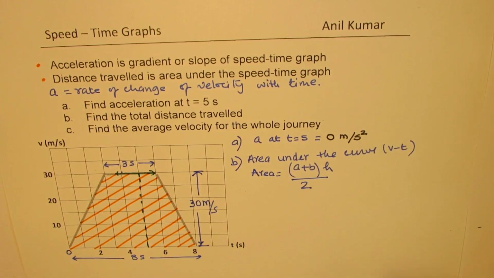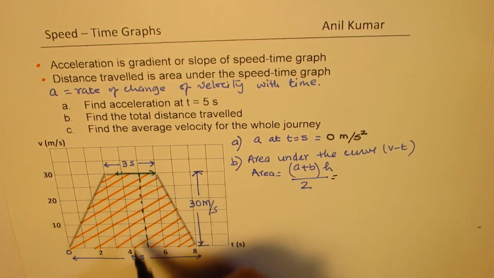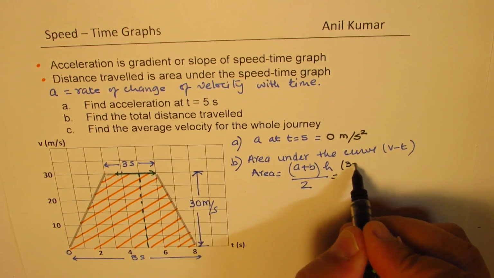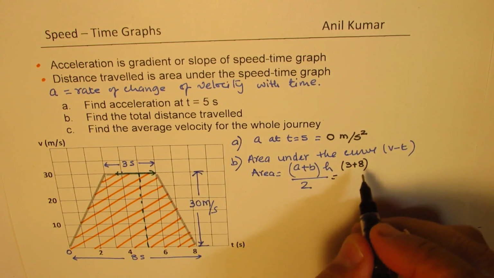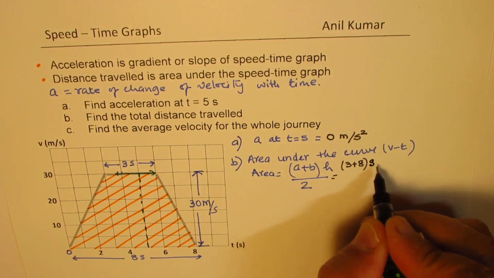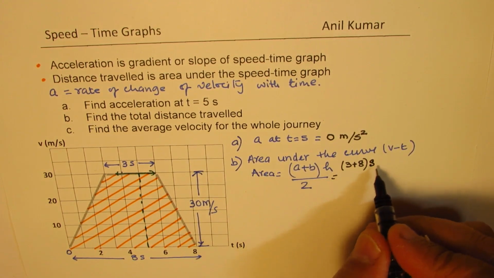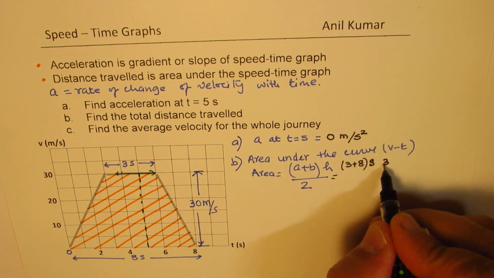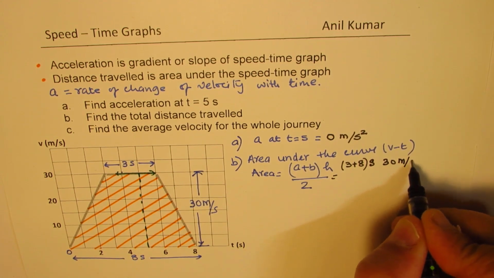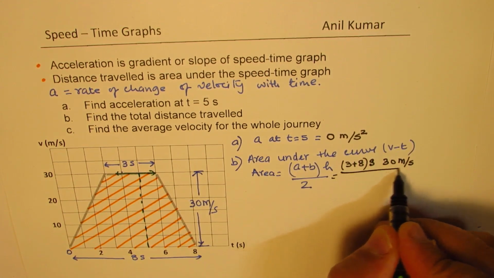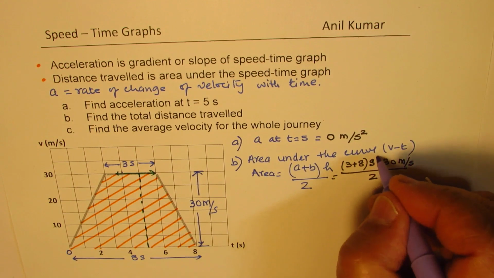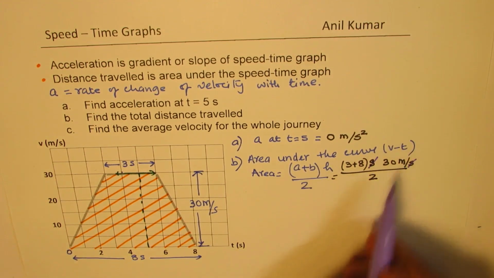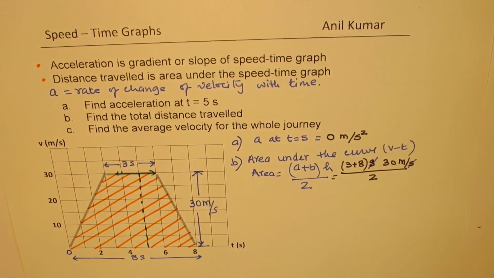Substituting these values, what do we get? 3 plus 8. Now this 3 plus 8 is better to write in seconds. So this is seconds. As far as height is concerned, it is 30. The units are meters per second, correct? And we are going to divide this by 2. So for units, you can see that seconds and seconds cancel, so you get units in meters, correct?